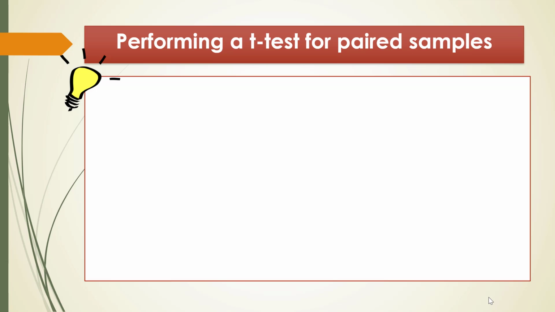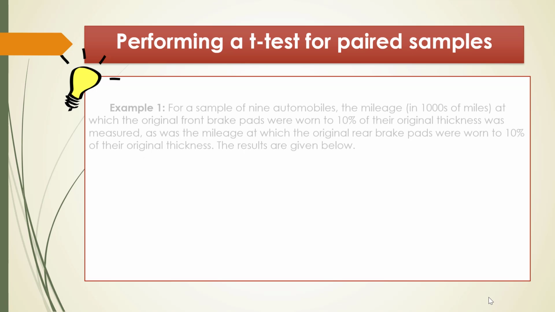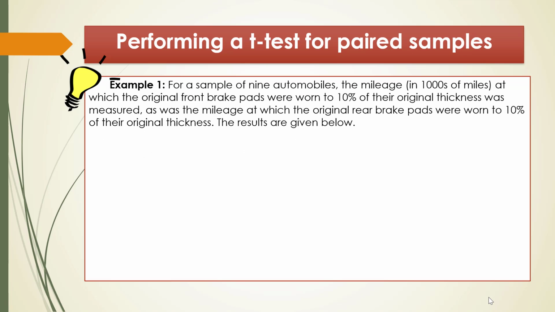Now let's learn how to perform a t-test for paired data through some examples. For a sample of 9 automobiles, the mileage in 1,000s of miles at which the original front brake pads were worn to 10% of their original thickness was measured, as was the mileage at which the original rear brake pads were worn to 10% of their original thickness.